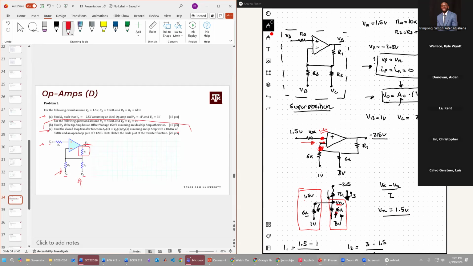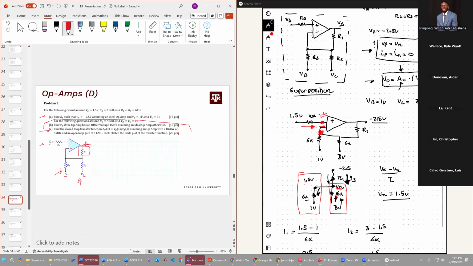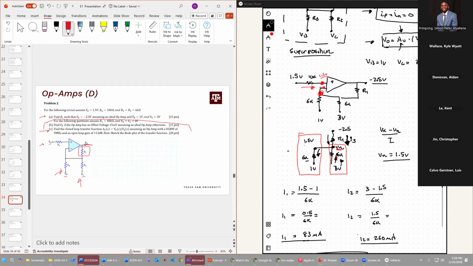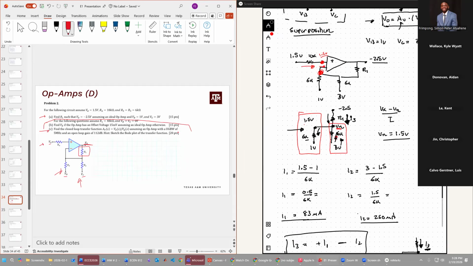Those skills should be very sharp. In this case, we could very quickly see that VP and VN are going to be equal to each other, and the current's not going to be flowing. So we redraw the circuit, and then it just becomes a 214 problem. So the faster you can analyze these problems, the quicker you'll be during the exam.